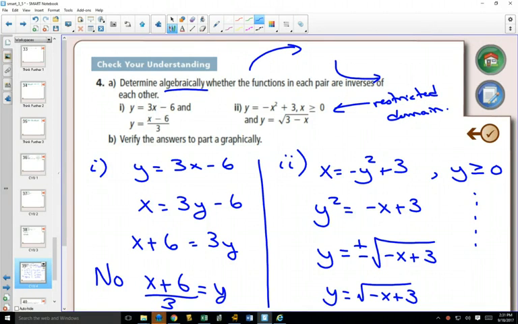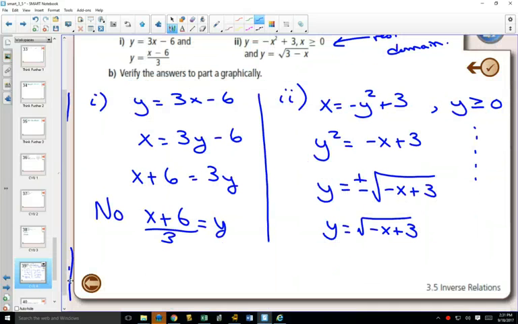Now, does that match? Yes. I mean, they have 3 minus x, we have negative x plus 3. But that is the same thing, so we can say, yes, they are inverses of each other.